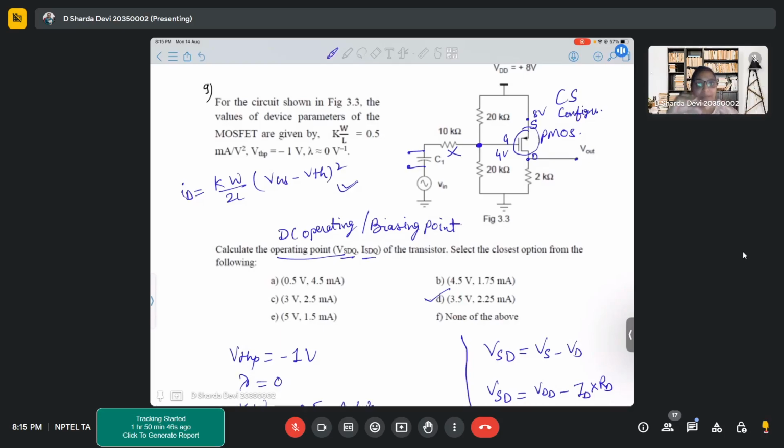When you are actually amplifying your signal, you will have AC and DC signals both, where DC is used to keep your transistor in saturation and AC is used as input so that you can get an amplified output. So in an amplifier operation, you will always have both AC and DC working together.